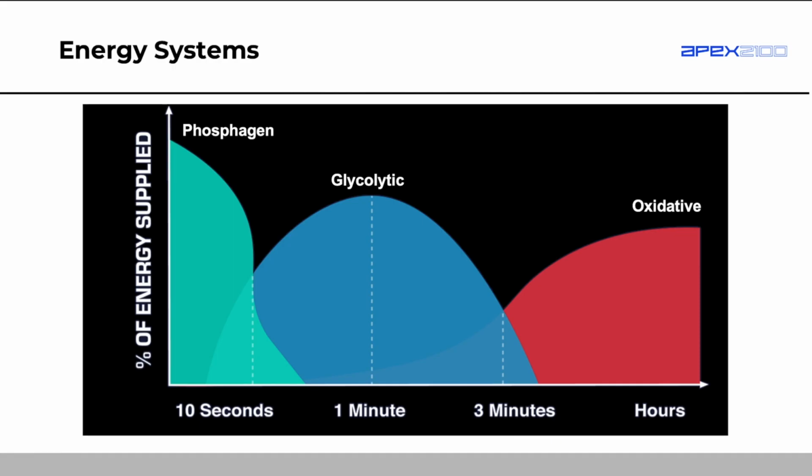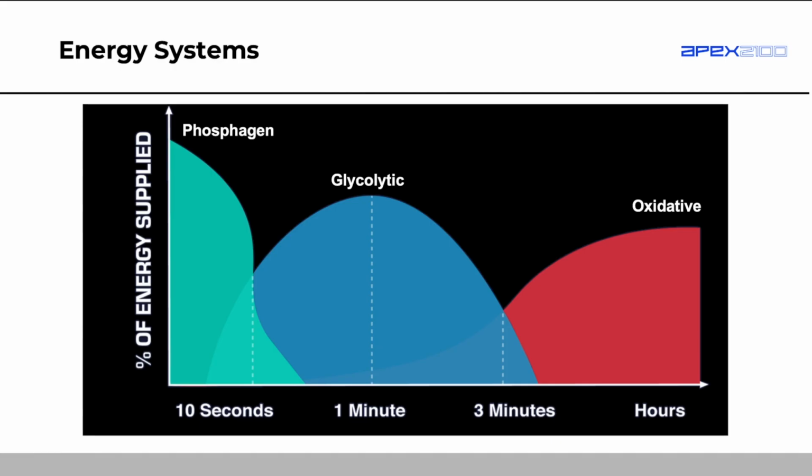As the activity extends beyond 10 seconds to a few minutes, the glycolytic system takes over and it generates energy through the breakdown of glucose. It's not as efficient and it produces lactic acid. So it's not the best energy system, I guess. There's some downfalls.